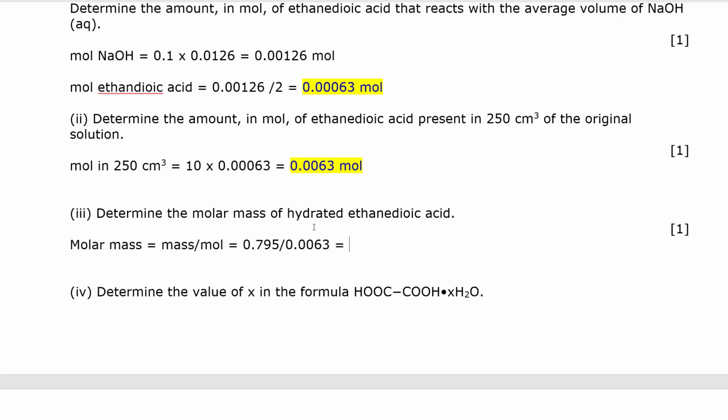Now I can't work that out in my head, but I have got a calculator handy here, so let's have a look. We'll put it on. 0.795 divided by 0.0063, and that comes to 126.19. All right, so the molar mass is 126.19.